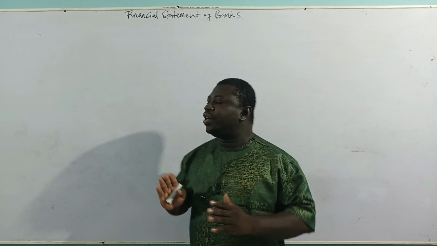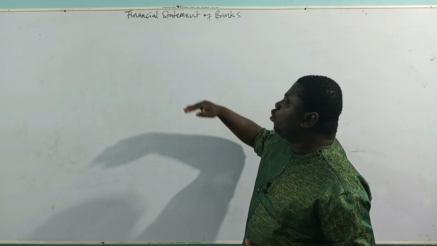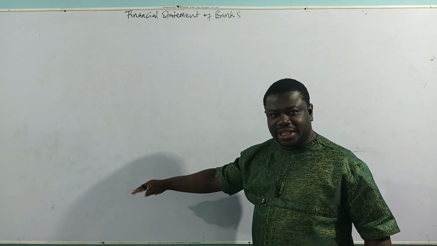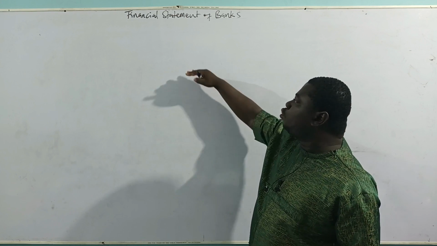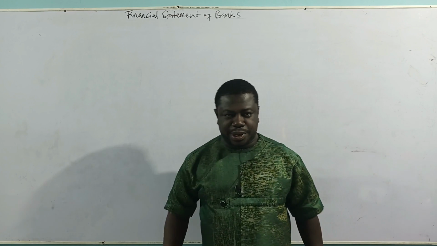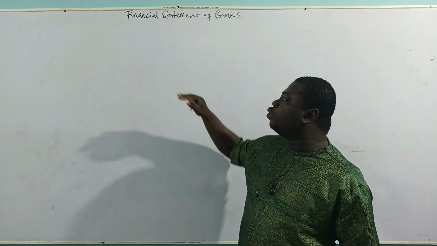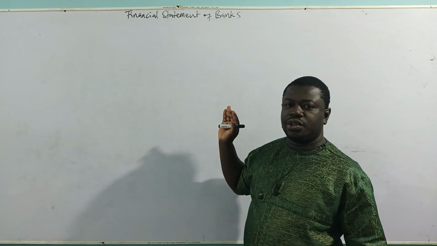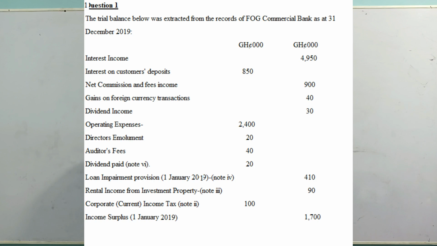So when we are doing the workings, we are going to do workings for other operating income, list those items and sum them up. Then we're also going to do it for other income that is not from operations, and sum them up as well, so that on the financial statement, we'll show other operating income separately from other income. So please take note. Rental income from investment property, 90.